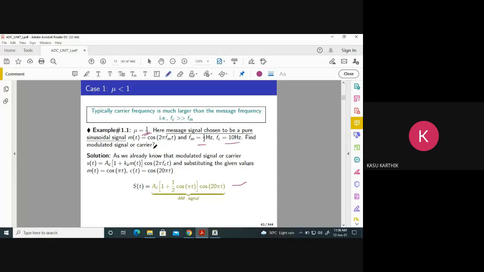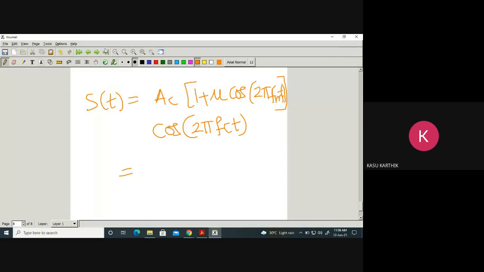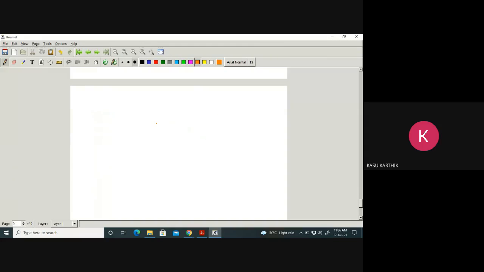Now we are taking 3 cases, referring to the value of mu. Case 1 is when mu is less than 1. Another case is where mu equals 1. The third case is when mu is more than 1.